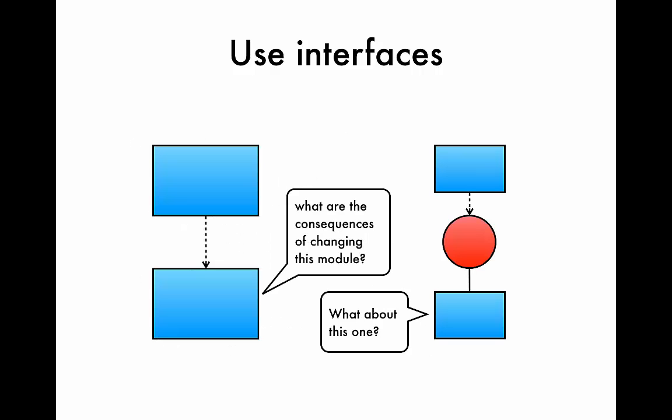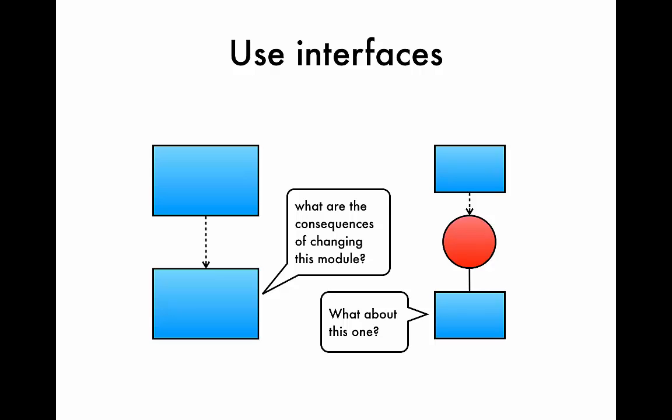Here's an example of a problem that comes up when you don't use an interface. In the diagram on the left, we have a concrete class that depends on another concrete class. If you modify the class on the bottom of the diagram, you run the risk of breaking the system because the class on the top of the diagram may have directly depended on the portion of code that you changed.